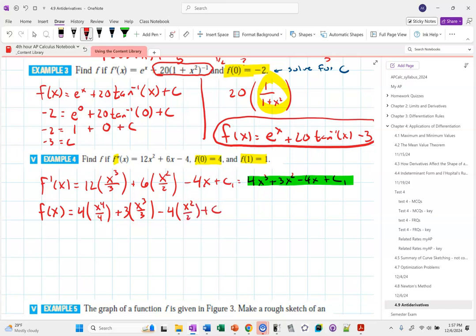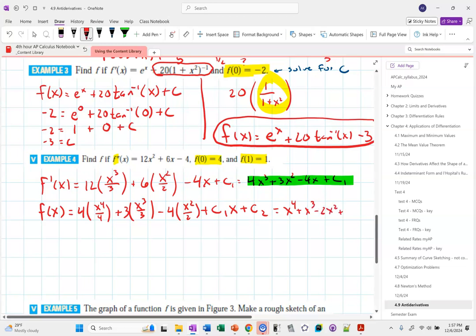And the antiderivative of c1? c1 times x, and then we'll have a plus c2. So far, so good. We'll do a little cleanup here. So we're going to have just x to the 4th plus x cubed minus 2x squared plus c1x plus c2.